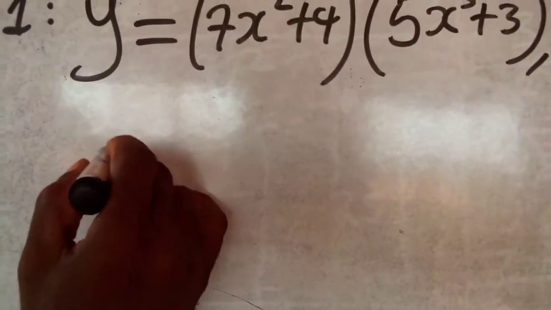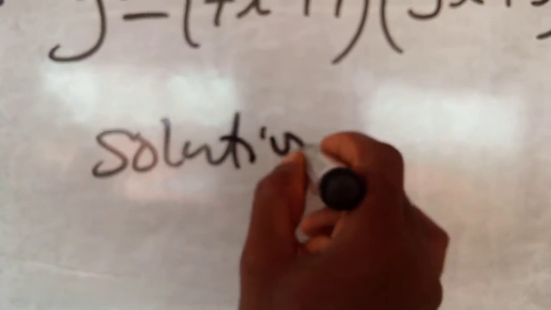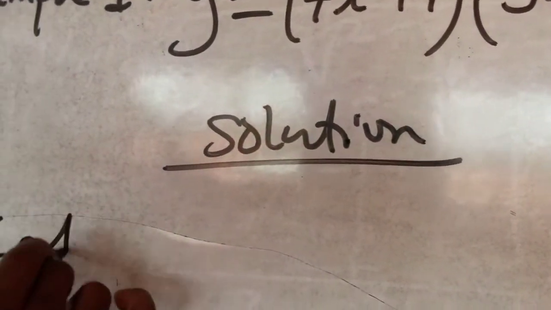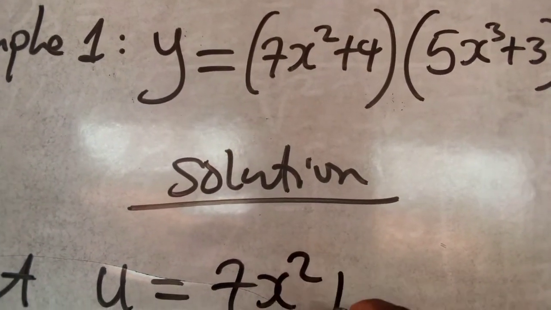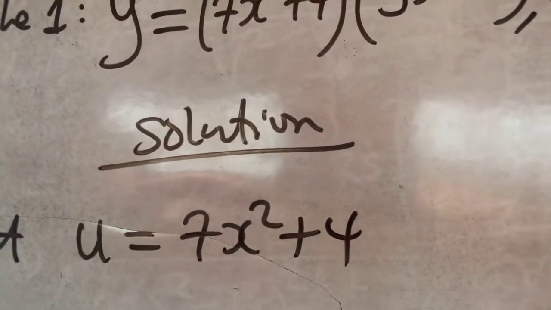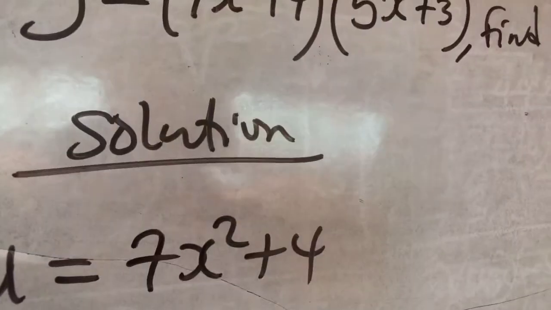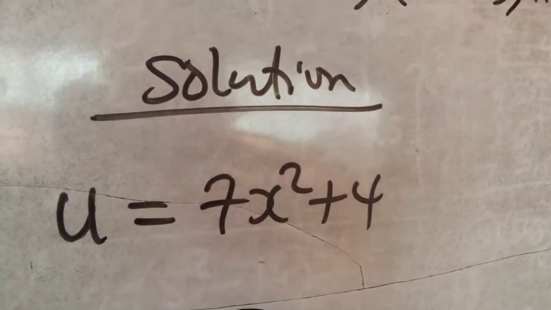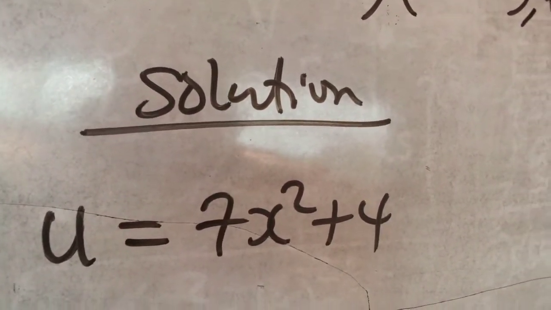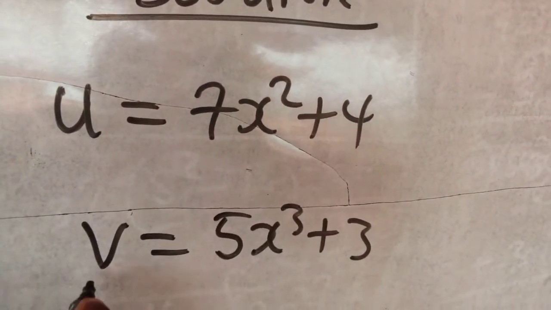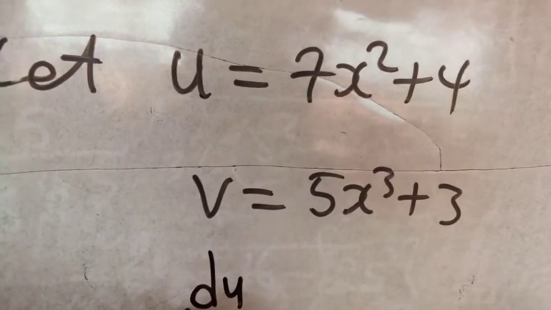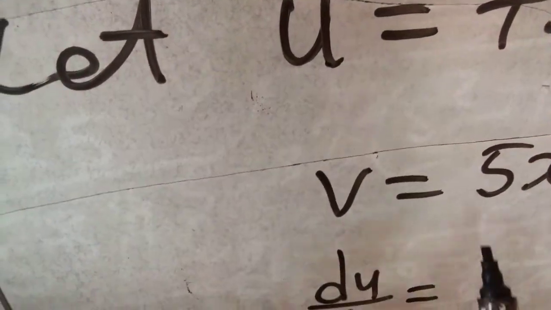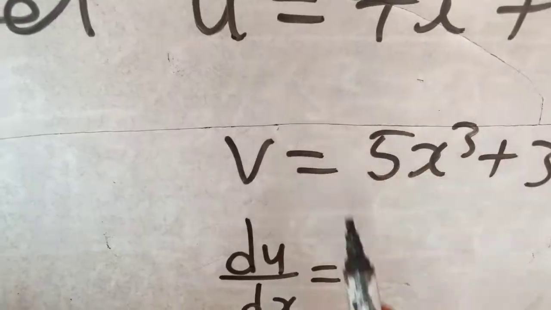So what you are going to do if you want to solve it: you say let u be whatever is in the first bracket, 7s raised to the power 2 plus 4. Let v be whatever is in the second bracket. Then the next thing you do, you differentiate u with respect to s, meaning you get du over ds. And it is now like a polynomial.